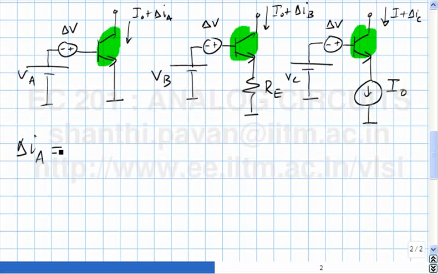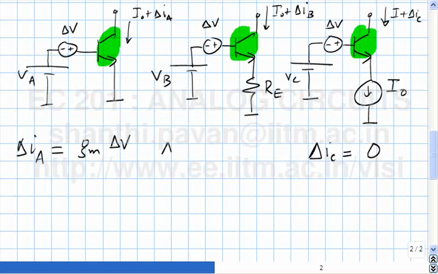It will increase. And by how much will it increase? Approximately, it will increase by GM delta V. So what happens in the third case? Delta IC is 0. Why? Because the current was in the emitter, the current can't change.